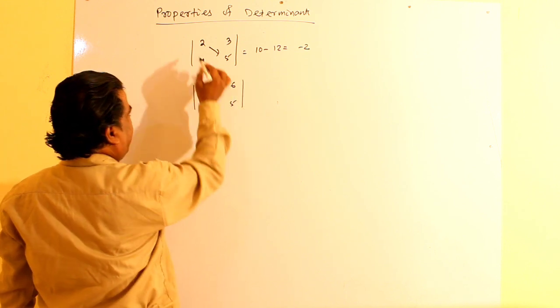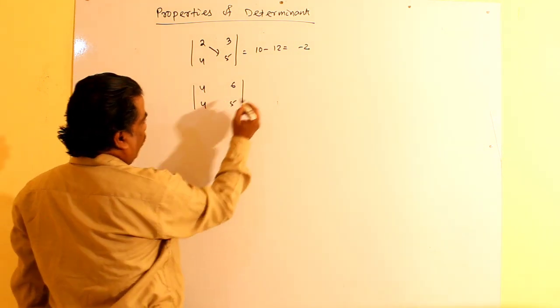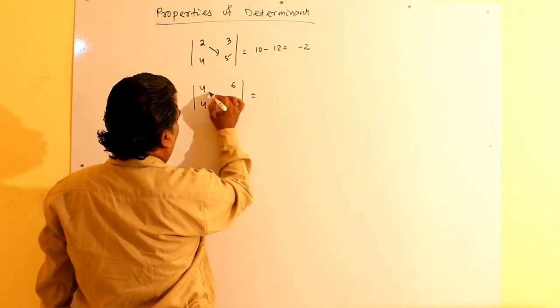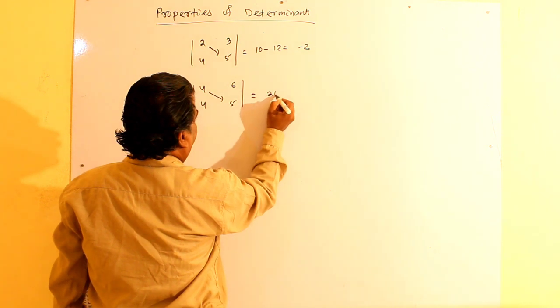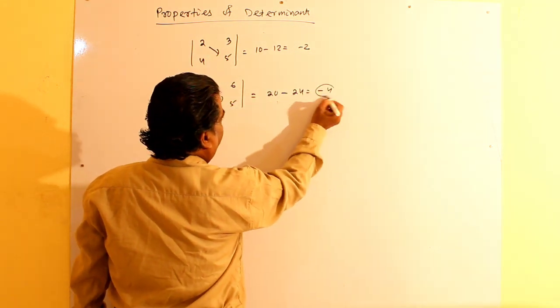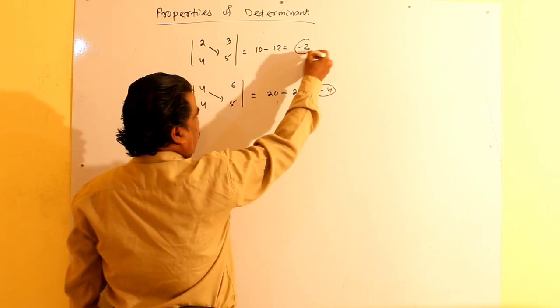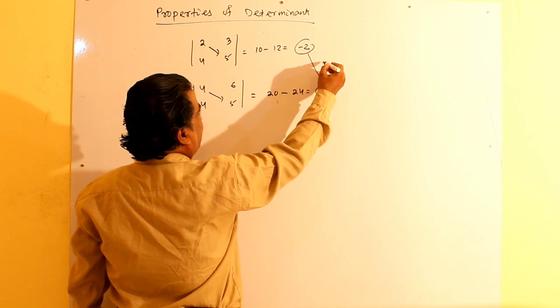In this determinant we multiply all the elements of row 1 by 2. Now observe the value is equal to 4 into 5, 20, minus 6 into 4, 24. That is minus 4.